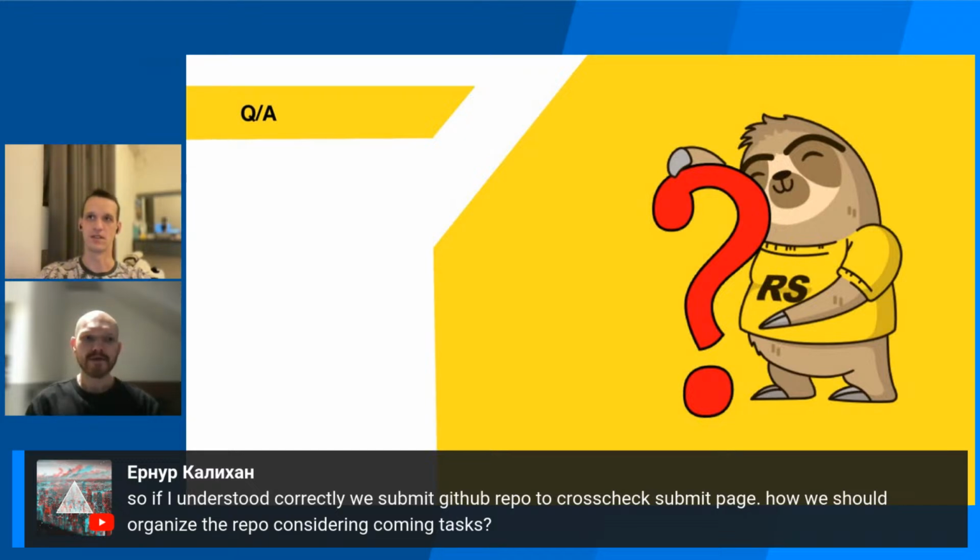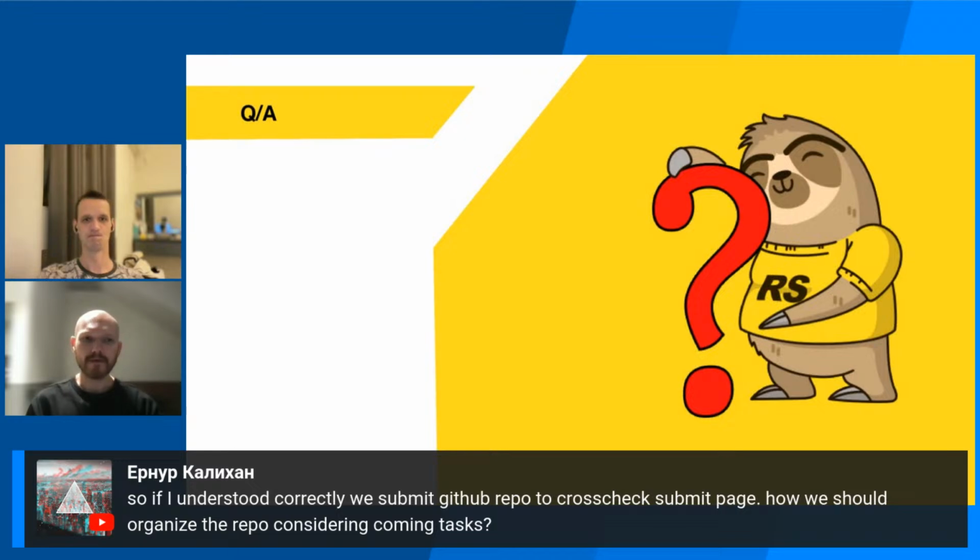Once again, it's a question about using common sense. Probably the best way is creating the first directory called Terraform and putting everything regarding Terraform there, and then continuing with other tasks.